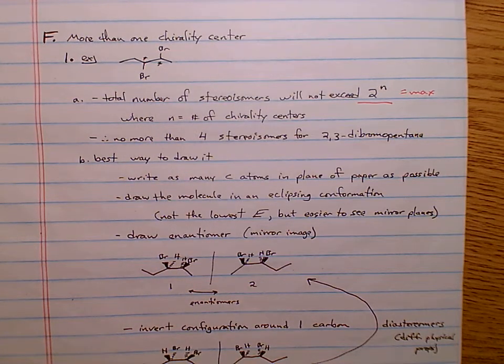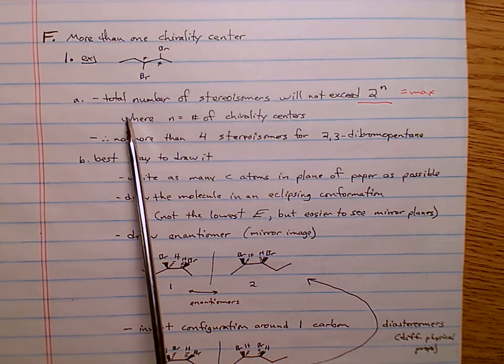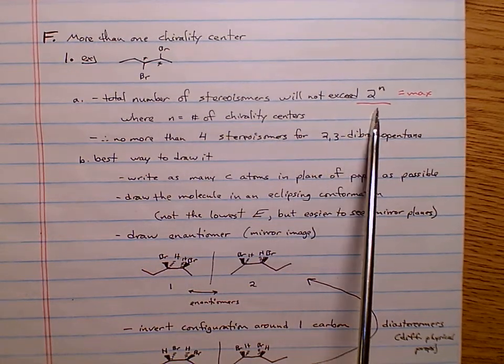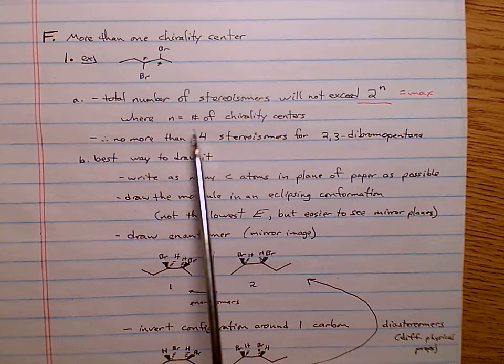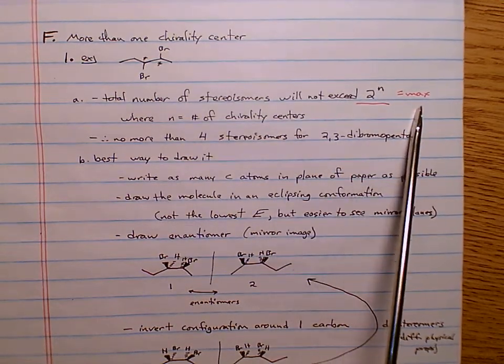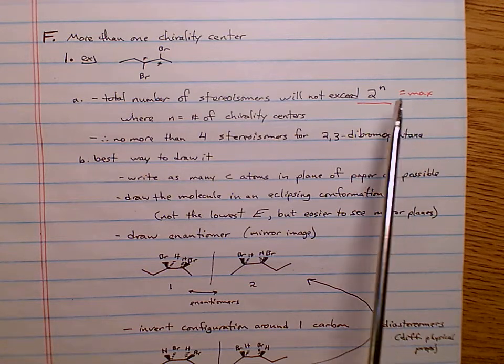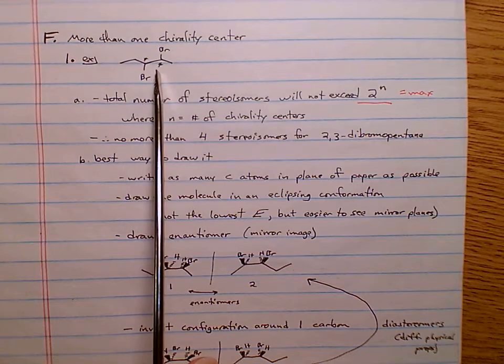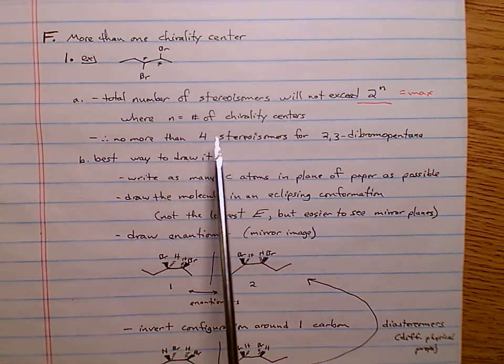When you have more than one chirality center, 2 in this case, the total number of stereoisomers cannot exceed 2 to the n, where n is the number of chirality centers. That's the maximum number of stereoisomers. Here we have 2 chiral carbons, 2 stereocenters.